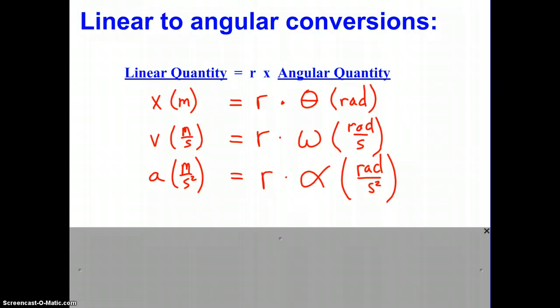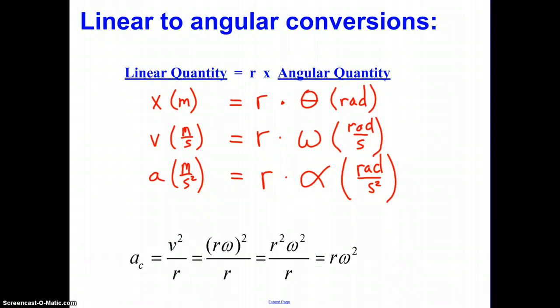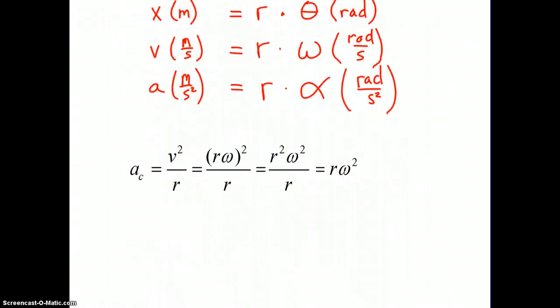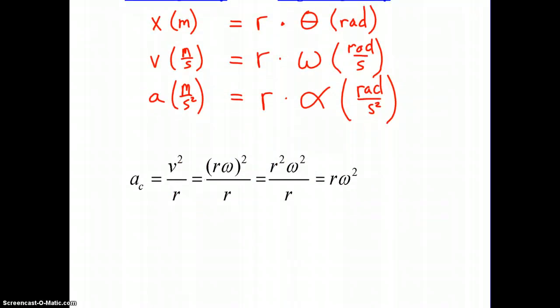Now, sometimes in a problem, if we're given the angular velocity, we could quickly and efficiently calculate the centripetal acceleration by the following derivation. If we start out with a_C, the definition being v squared over r, and we sub in for v the angular conversion, which is, of course, r omega.